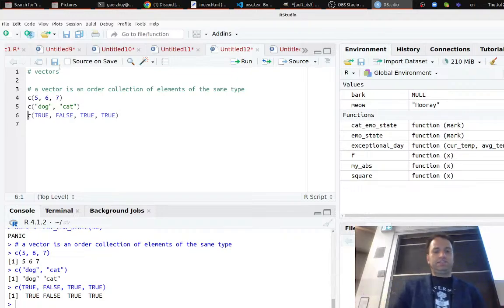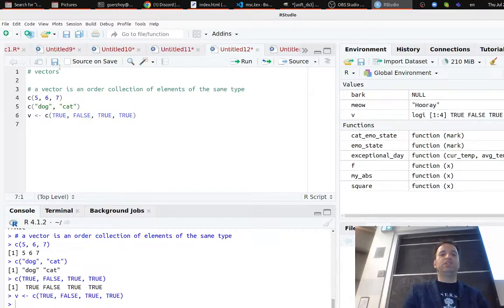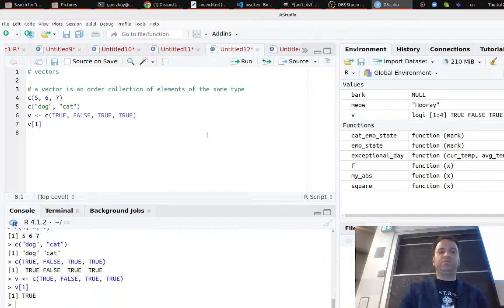You can assign it to a variable. So if I say v is this, and I run it, so again, to run it, Control Enter, then v is this logic vector whose value is true, false, true, true over here. So you can access the first true using v1.